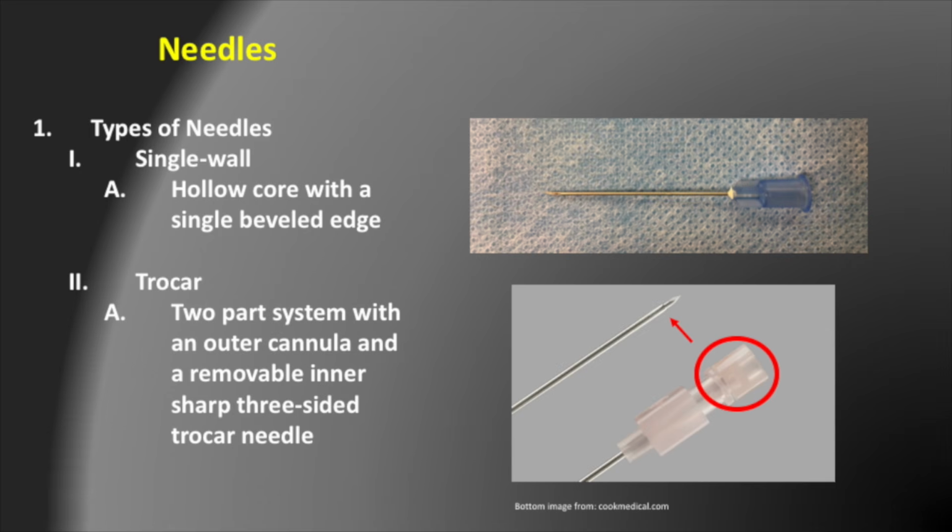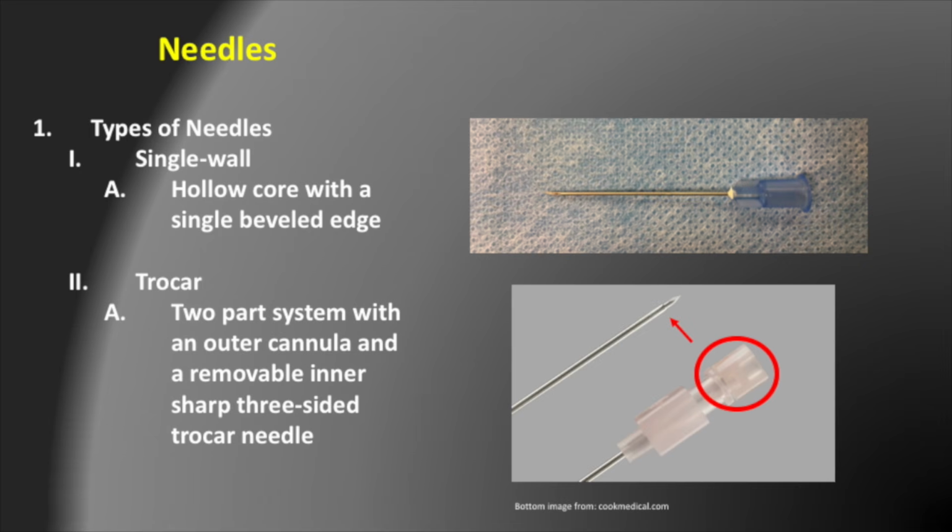On the bottom right is an example of a trocar system. This is a two-part system where there's an outer cannula, which can have a blunt tip, and then there's an inner sharp three-sided trocar needle that goes through the cannula. For example, on the picture on the bottom right, there's a small red arrow.